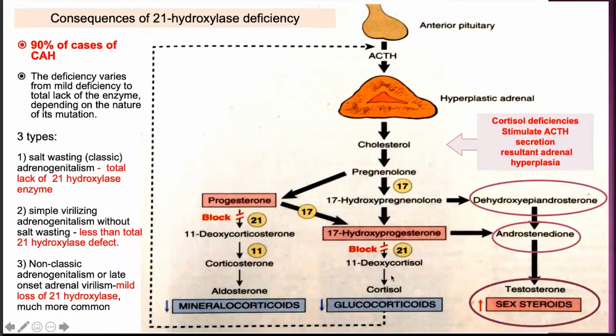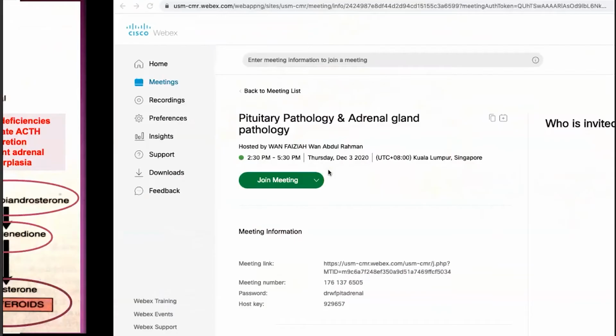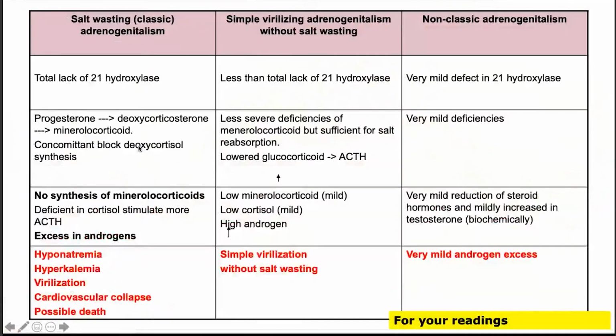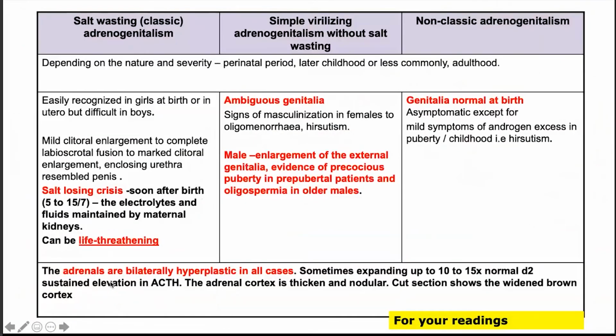There will be no aldosterone, no cortisol here, but everything becomes channeled to this. That causes hyponatremia, hyperkalemia, virilization, cardiovascular collapse, and can possibly cause death. This is for your reading, because this condition is actually life-threatening.